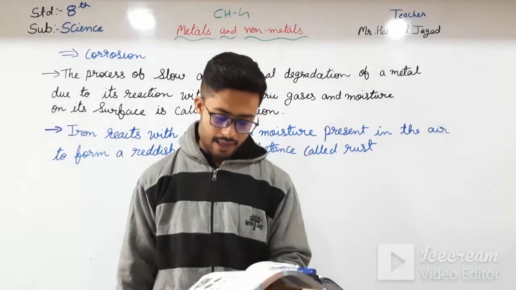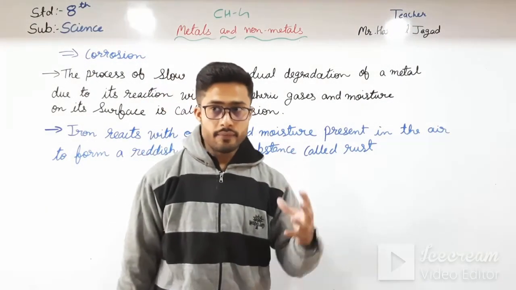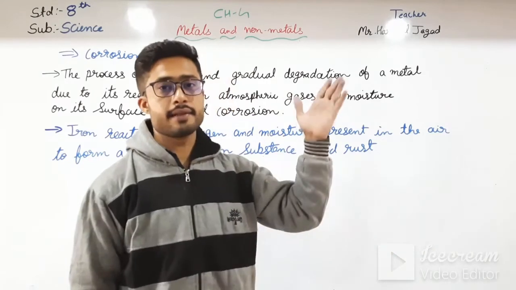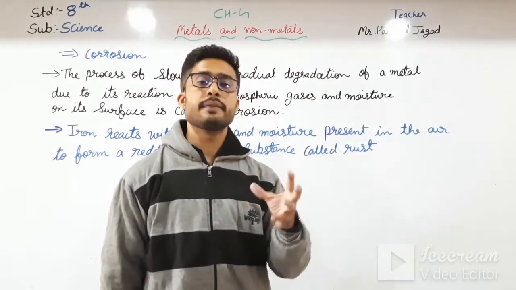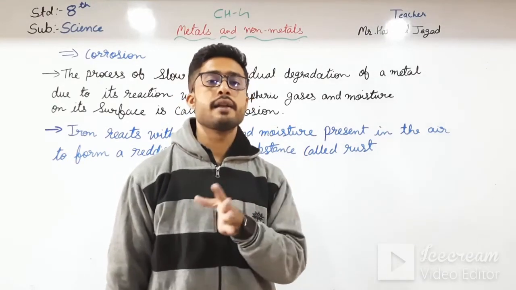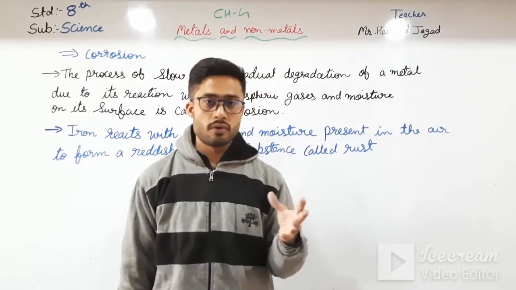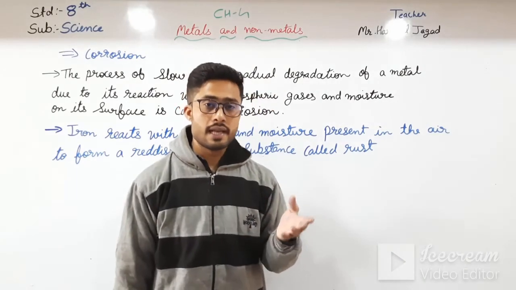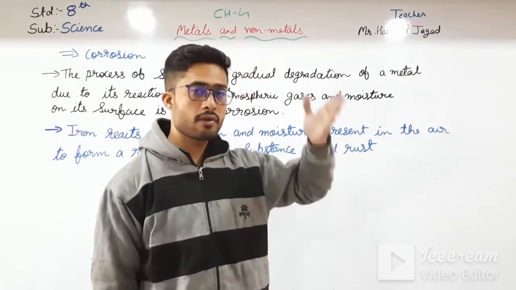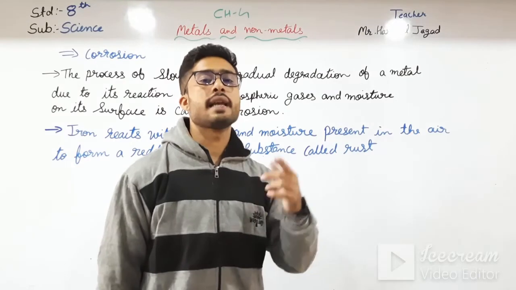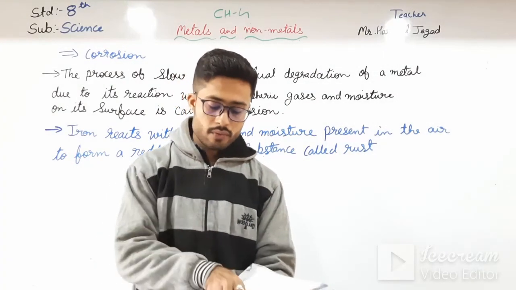This layer is a corrosion-resistant layer. So the aluminium forms a layer on its surface that does not allow it to react with atmospheric things, so it does not corrode. The corrosion-resistant layer is formed over the surface of the aluminium, so the aluminium is not corroded.